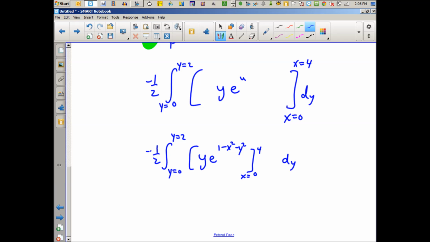So I'm still staring at that inside. This is all I care about right now. Try to ignore other things. I need to plug in 4 for x and 0 for x. Okay, so it looks like this.